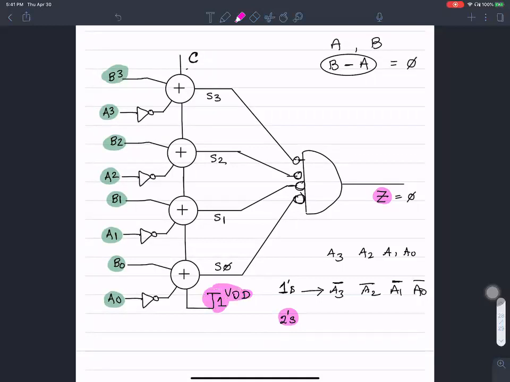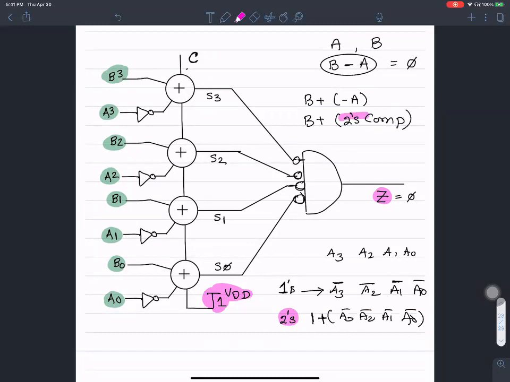So it's the 1's complement, A3 complement, A2 complement, A1 complement, and A0 complement, plus 1. That's the 2's complement. So B plus negative A is the operation I want to do, and negative A is nothing but the 2's complement.